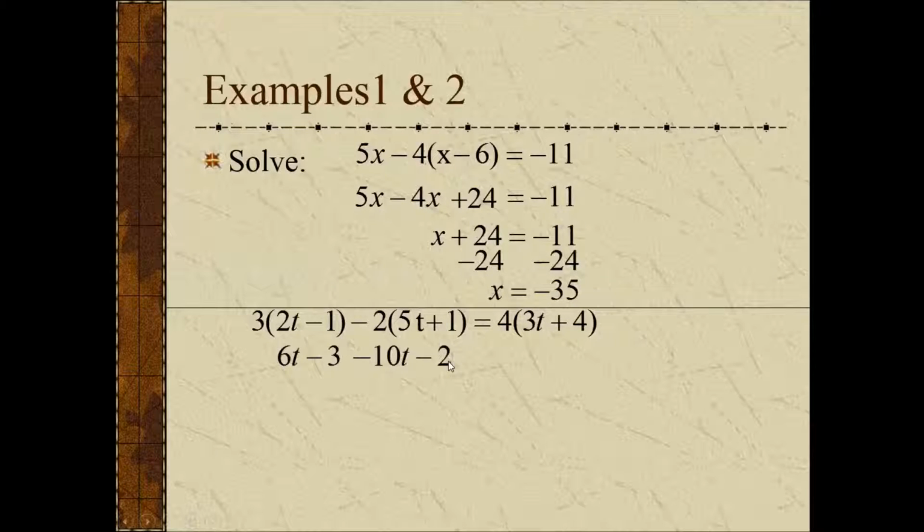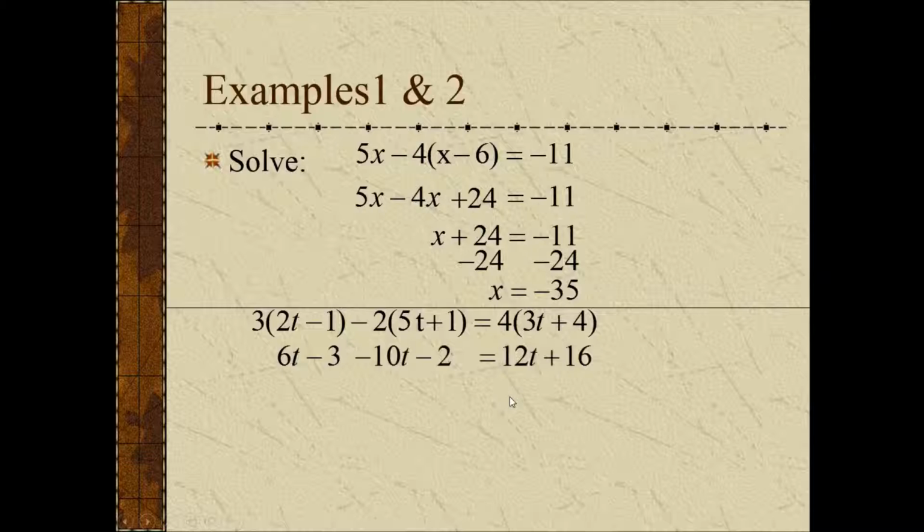It's a very common mistake for people to remember to multiply the negative on the first term and then forget that you're multiplying by a negative here and accidentally put a +2. But remember, it's -2 times +1. That's -2. Simplifying the other side, we've got 12t plus 16.